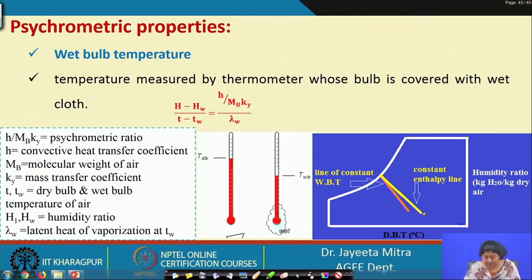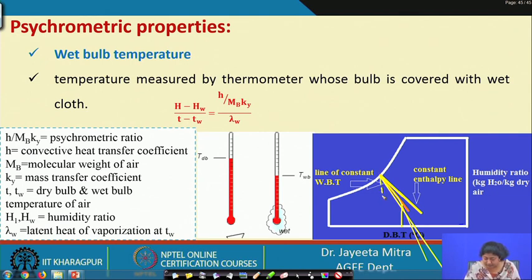So, for example, let us say we take a dry bulb temperature here, and for this dry bulb temperature, if we cover the bulb of the thermometer with a wet cloth and then we try to make it equilibrate, then it follows this wet bulb line and reaches this 100% saturation.